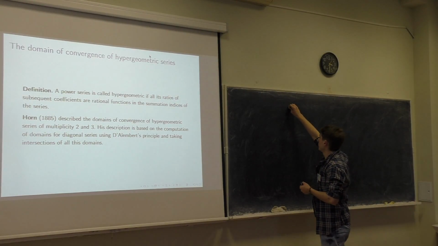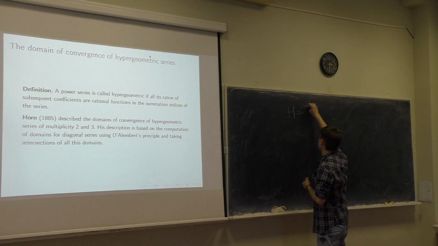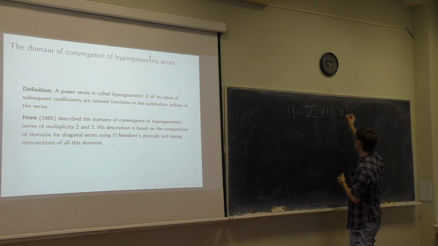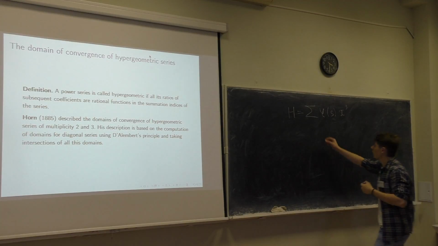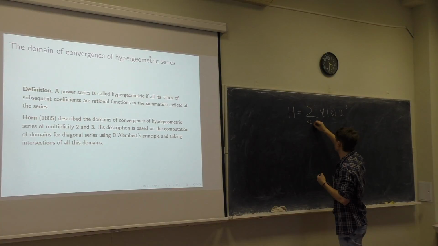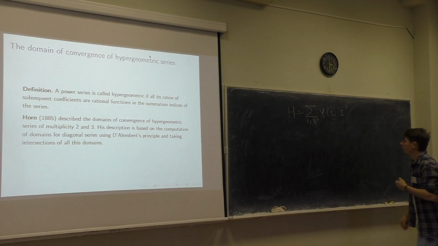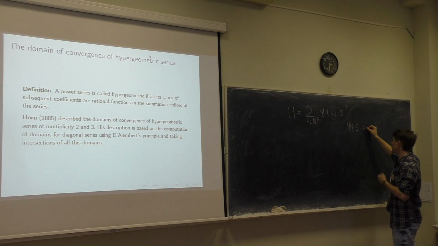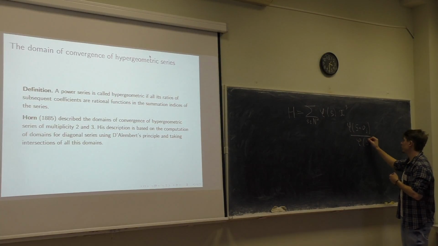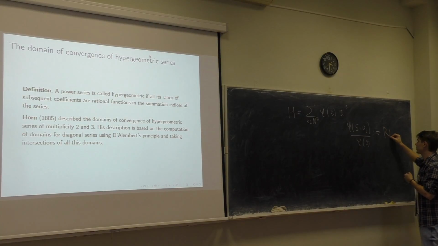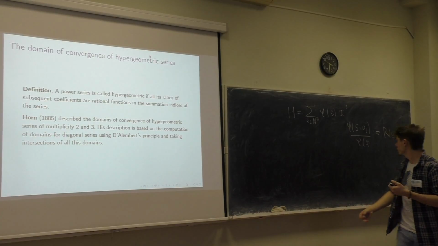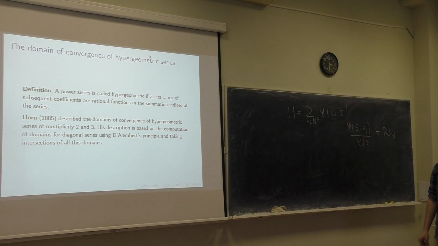For example, we have a series H, looks like a sum over S, where S is a vector with coordinates from natural numbers, and by definition, the ratios of subsequent coefficients are a rational function of S, where e_j is a vector whose j-th component is unity and other components are zeros.